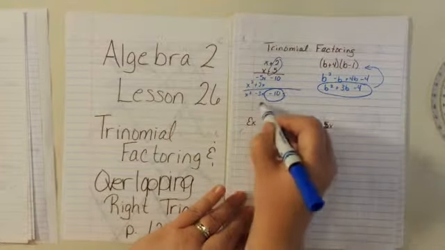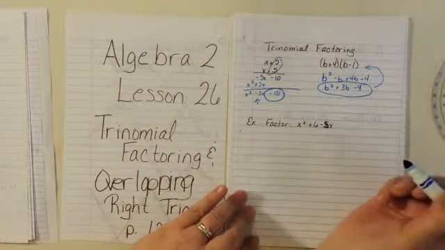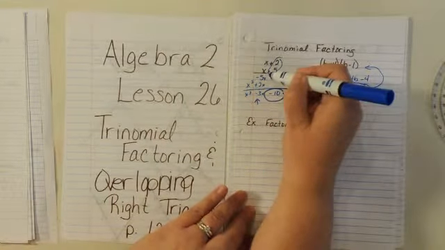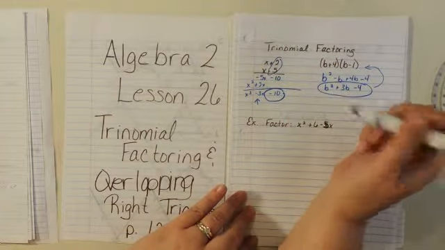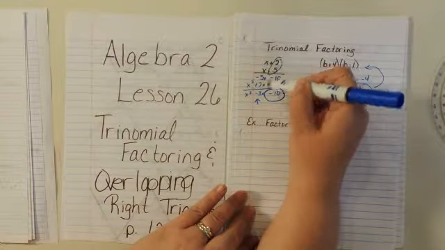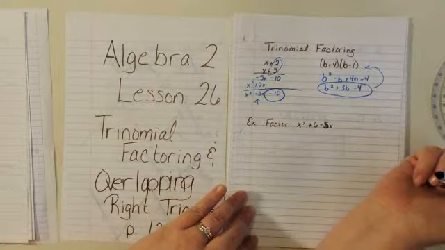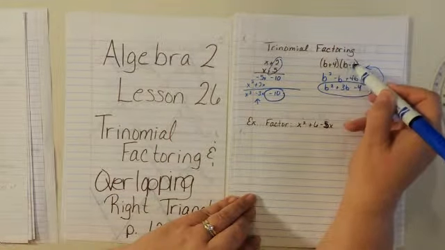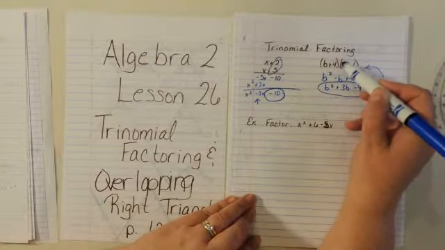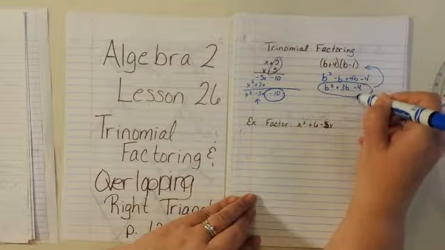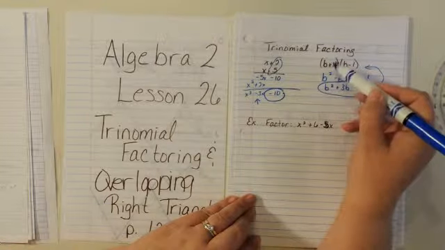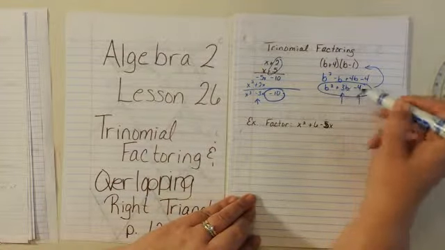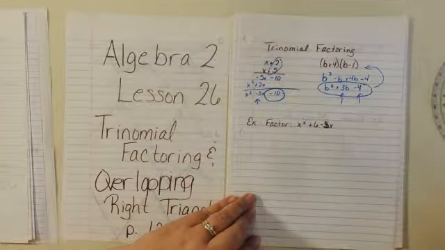Our middle term coefficient is the sum of the last two terms in the binomials. Negative 5 plus 2 is negative 3. Over here, we had 4 and negative 1. Their product, 4 times negative 1, equals negative 4.